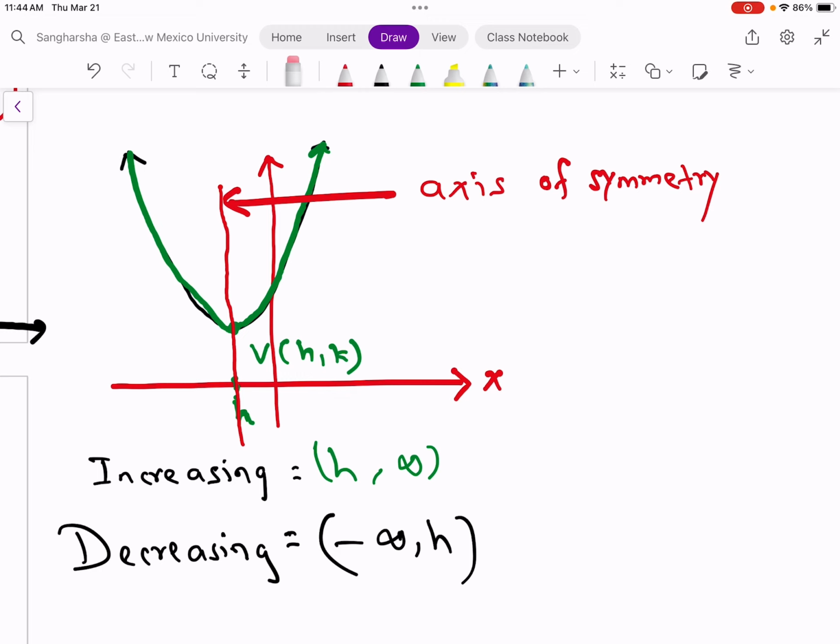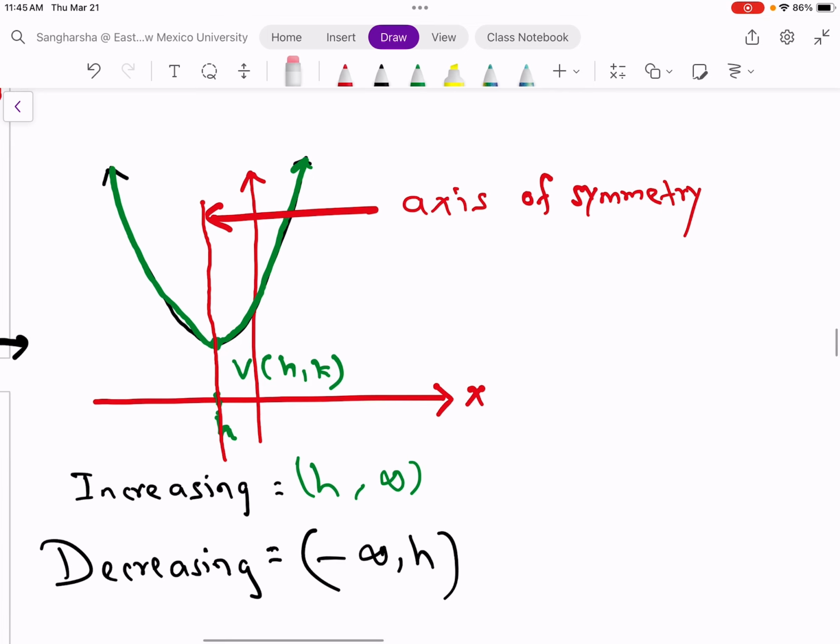Now this is a vertical line, and there is a specific way to write a vertical line. What does the equation of a vertical line look like? For every vertical line, the equation is x equals the x-intercept.